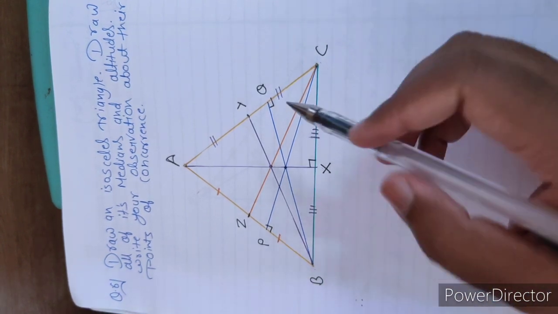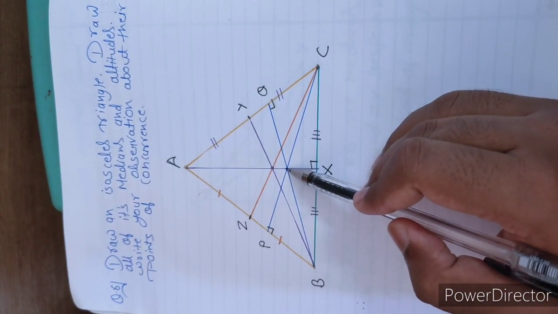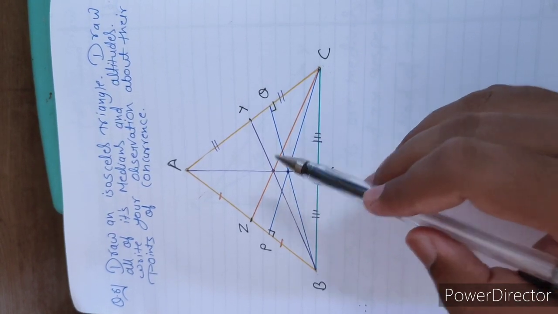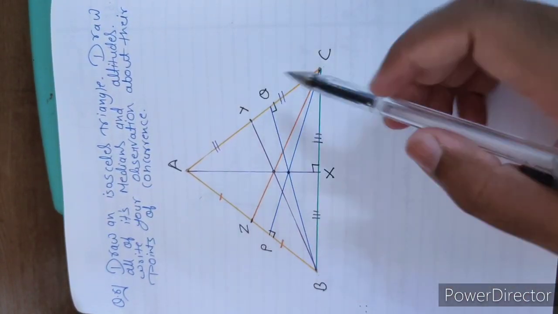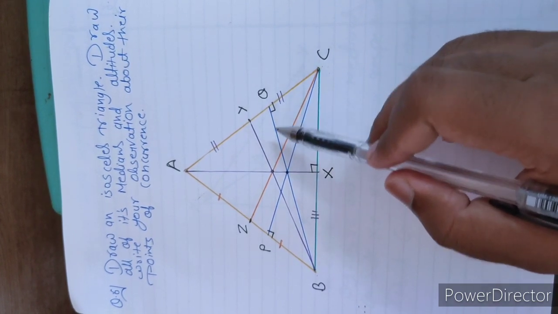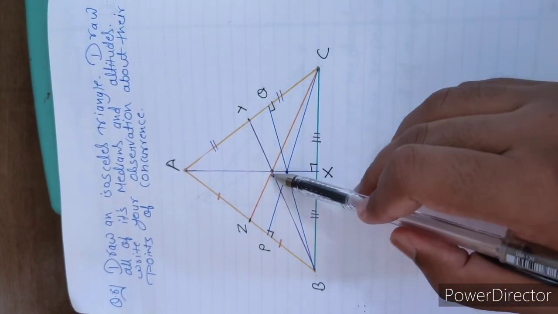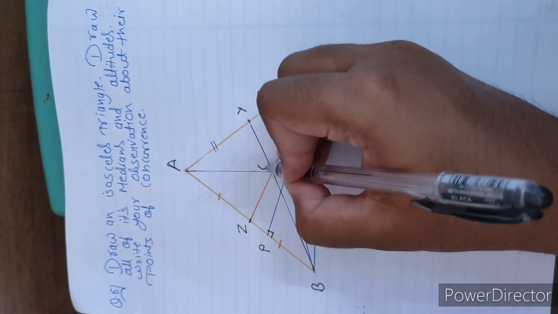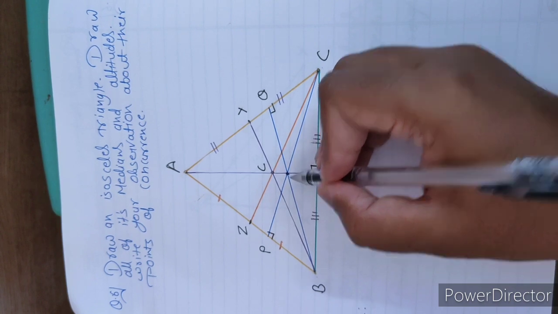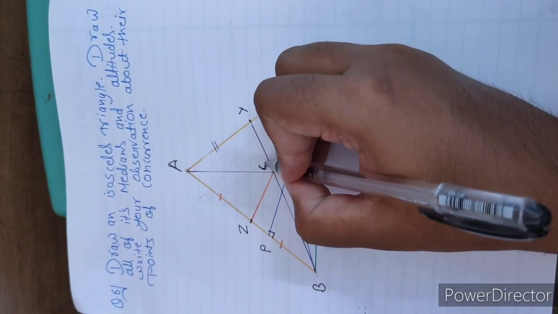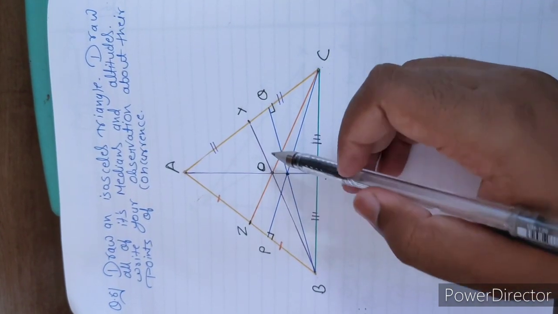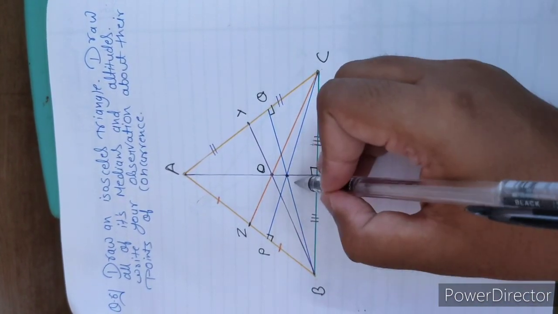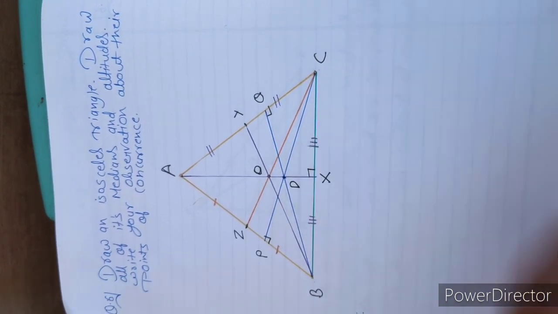We know that the point of intersection of medians is called the centroid, and the point of intersection of altitudes is called the orthocenter. The centroid we will denote by O, and the orthocenter we denote by another letter, let's consider D.